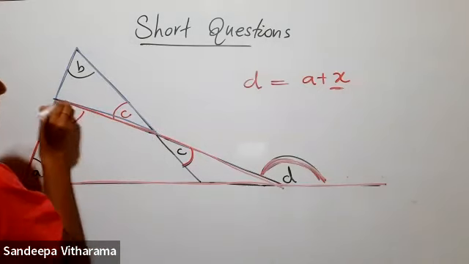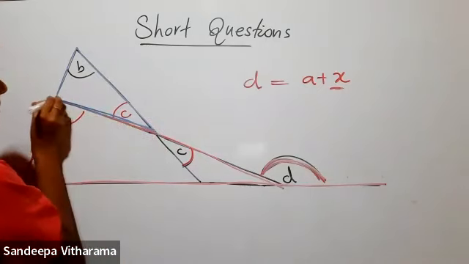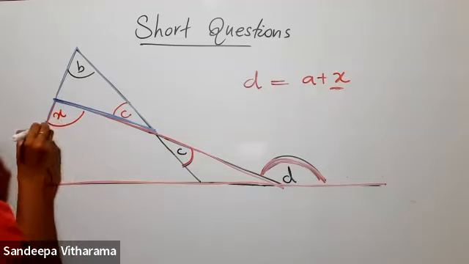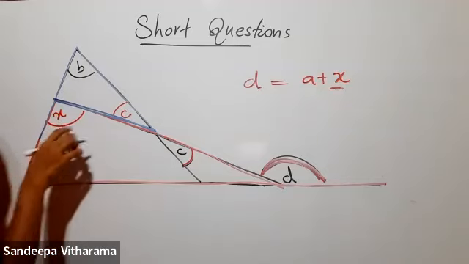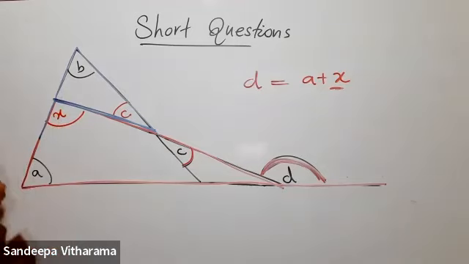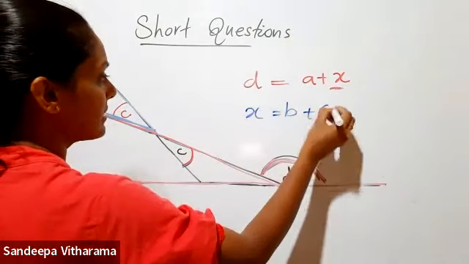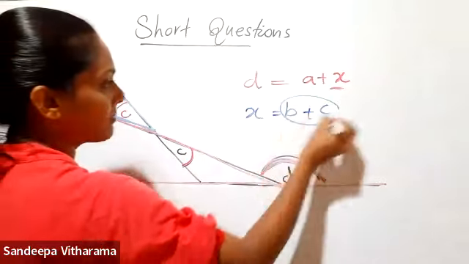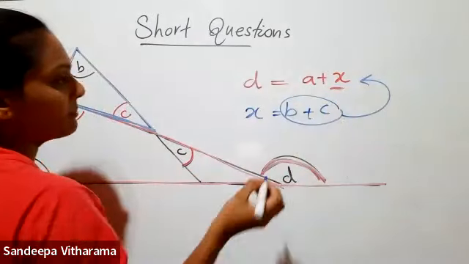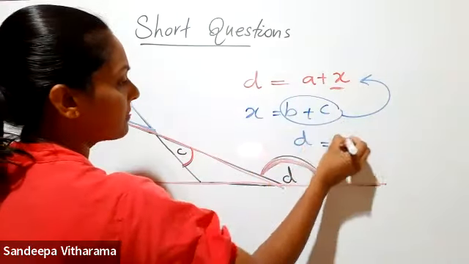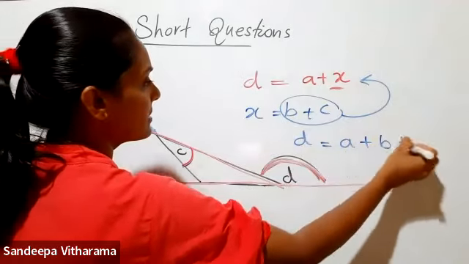Then we can write x equals b plus c. Then substitute this x by b plus c. Then d equals a plus b plus c.